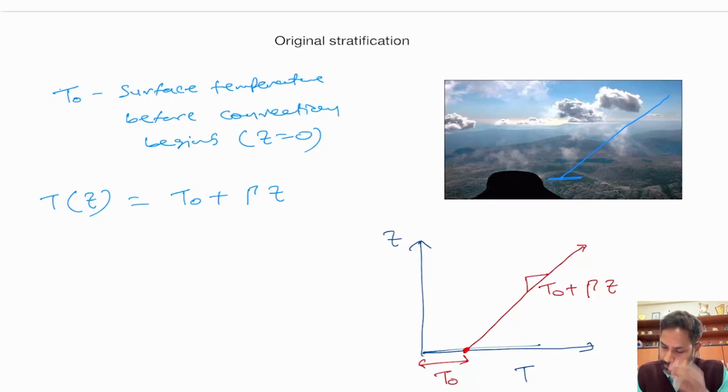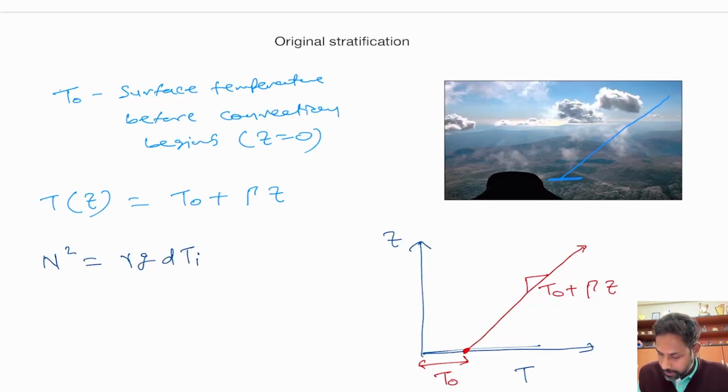Okay, and here we have already talked about stratification frequency, if you remember, that we name as N squared, and that earlier we talked about these in terms of density, but here we will consider this in form of temperature only, and that can be defined as dTi over dz.